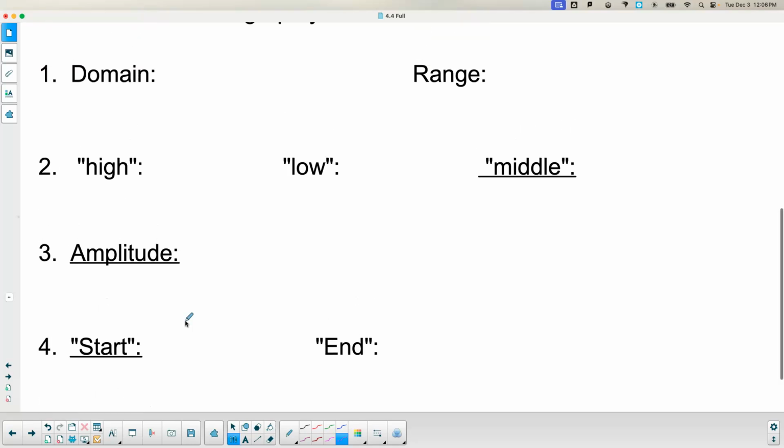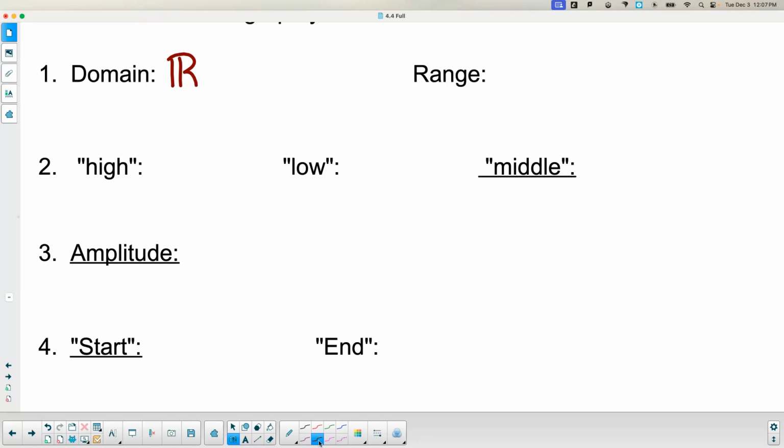For sine and for cosine, for today and this week, the domain will always be all real numbers.